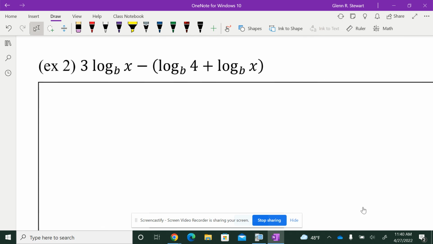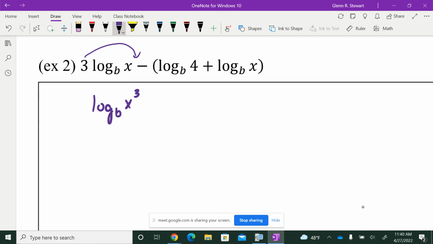Now number 2 also has a number out front. Anytime you have a number out front, that can actually be your exponent. That's that power property. So I'm going to simplify that first. Log base b of x cubed. And then minus, this can all be multiplication. So I'm going to put this all as log base b of 4x.